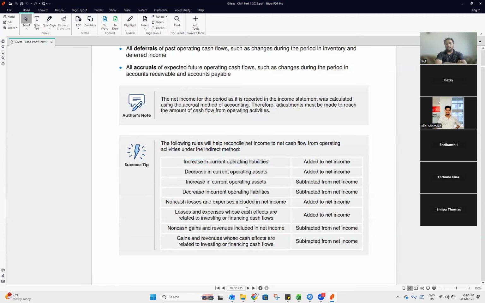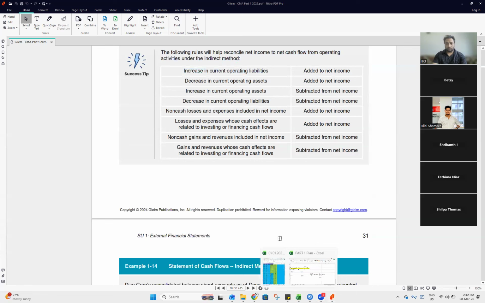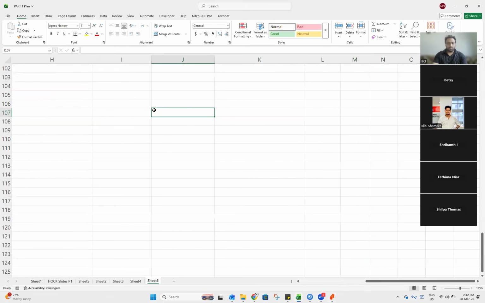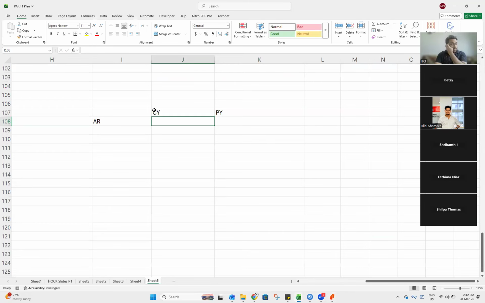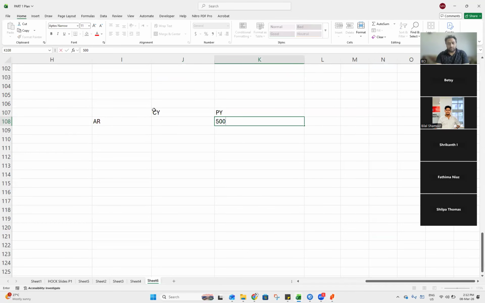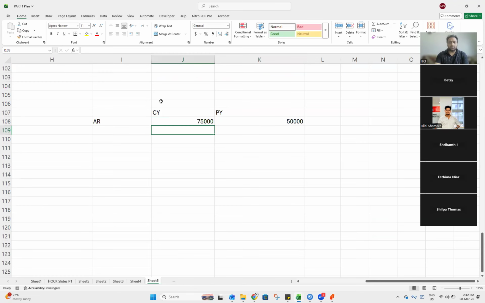Now, for example, current year and previous year. You had accounts receivable. Previous year it was 50,000. Now the accounts receivable is 75,000. What does it mean in terms of cash?